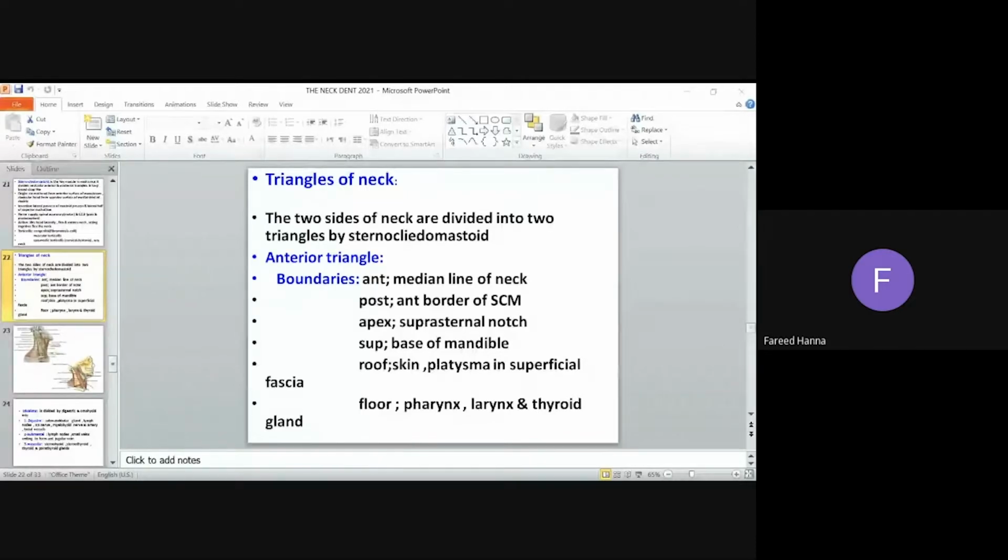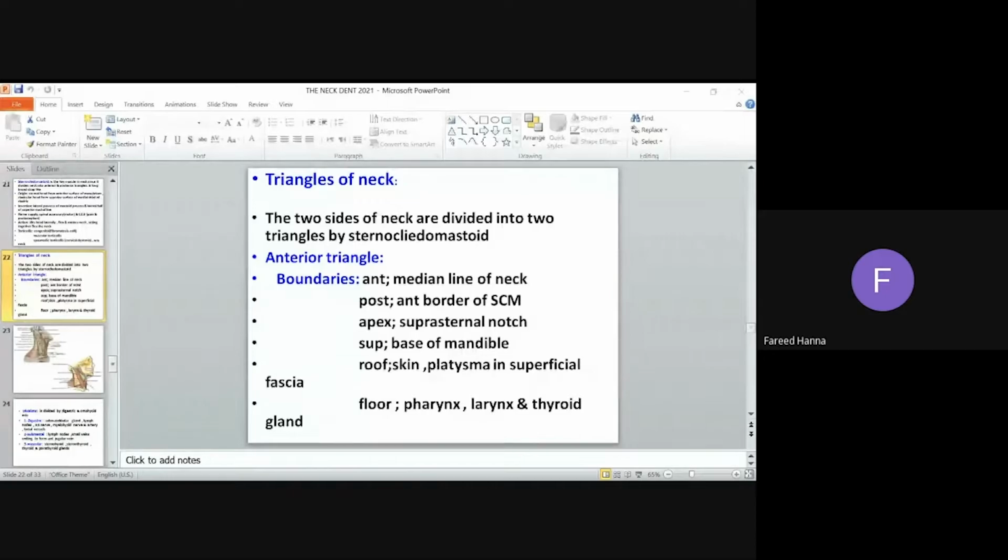Posterior triangle bounded by posterior border of sternocleidomastoid, middle third of clavicle, anterior border of trapezius, covered with skin, superficial fascia, and investing layer of cervical fascia. And then the floor of it is formed by the prevertebral fascia covering the prevertebral muscles. Now, passing to the anterior triangle here, this is the anterior triangle.